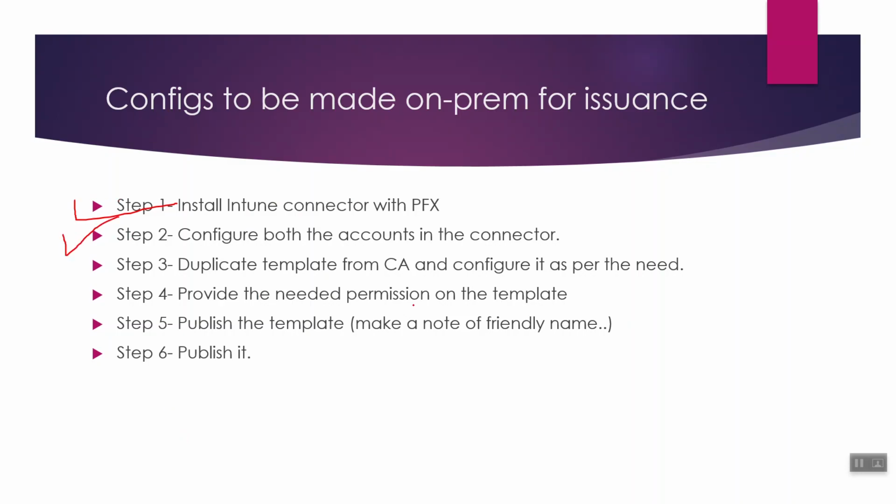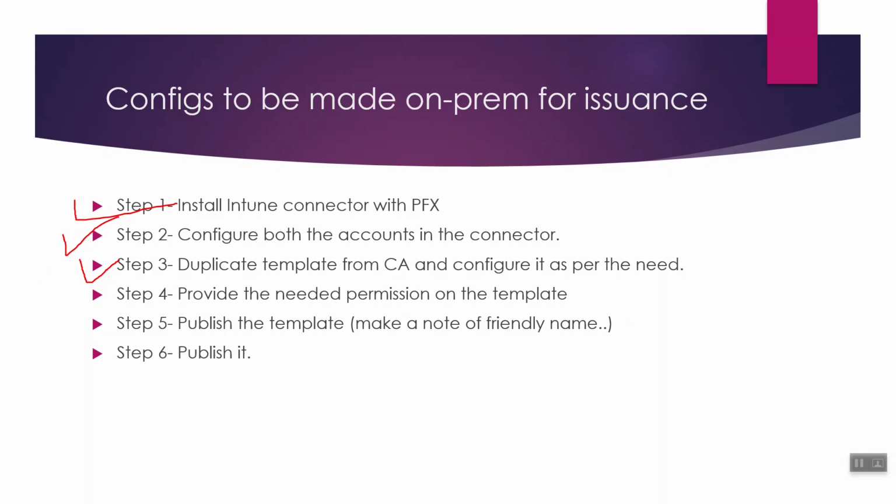Okay. And then we have to go to the CA, and over there we have to make a template. Against that template the certificates are going to be issued. So we have to make sure that the template has all the parameters needed as per our requirement, and we are duplicating the template as well.